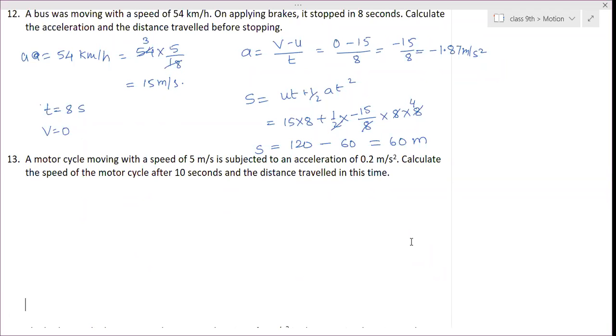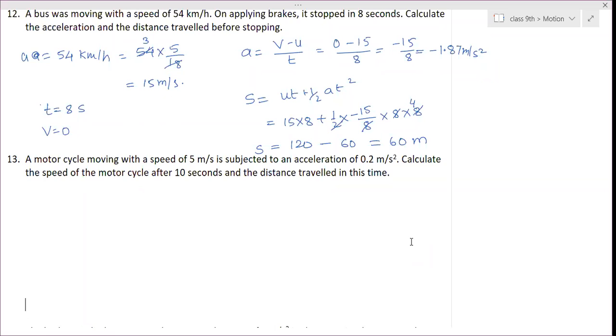Ma'am, its speed is 7 meter per second. Yes, right. Is V 7 meter per second?